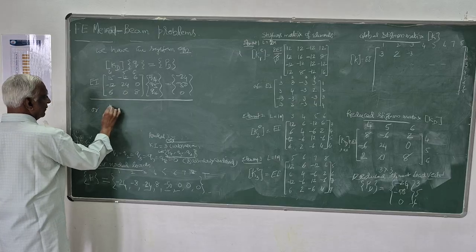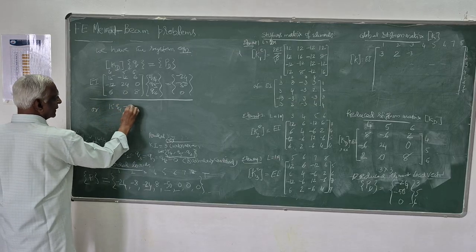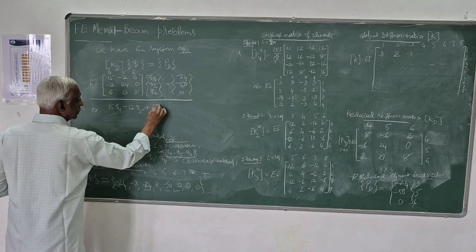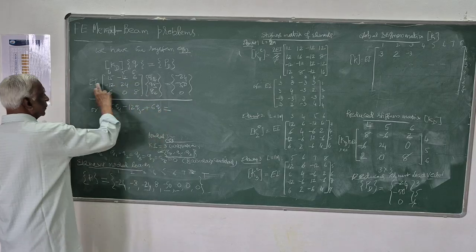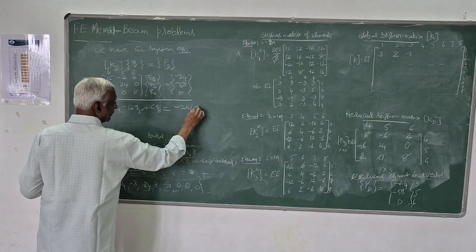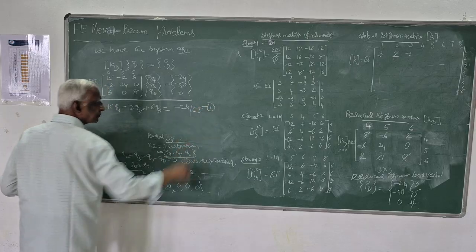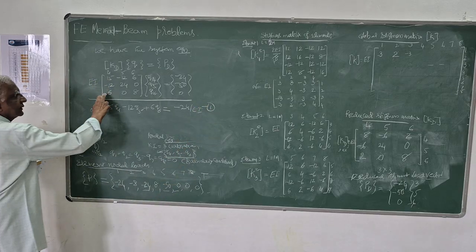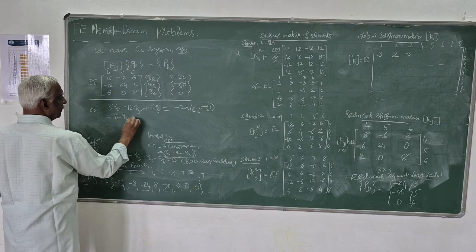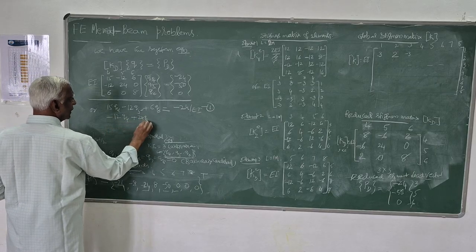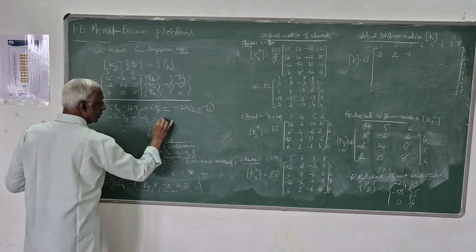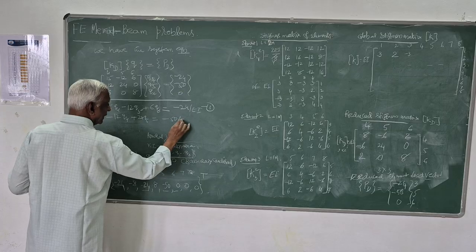So you can say 15 Q4 minus 12 Q5, 6 Q6 is equal to, this I will take the third side, minus 24 by EI. Second equation, minus 12 Q4 plus 24 Q5 plus 0 into Q6 is equal to minus 50 by EI.